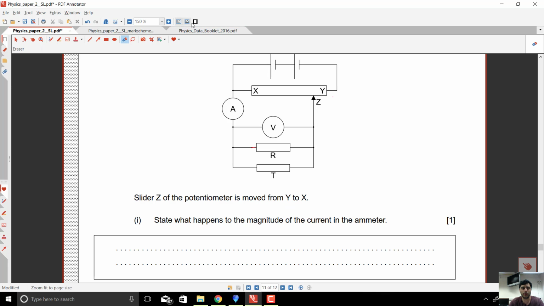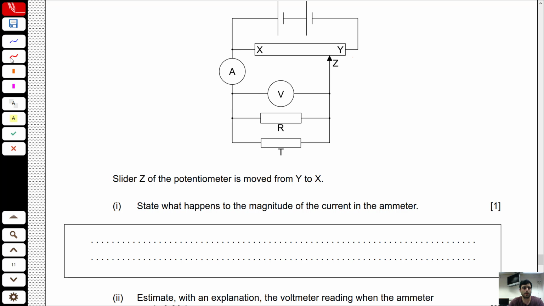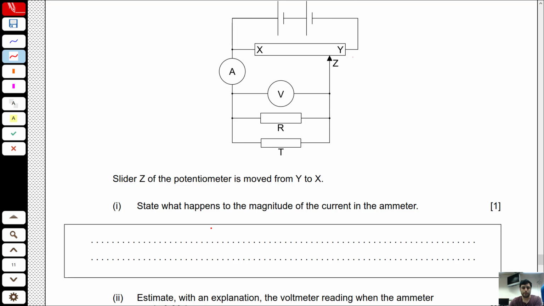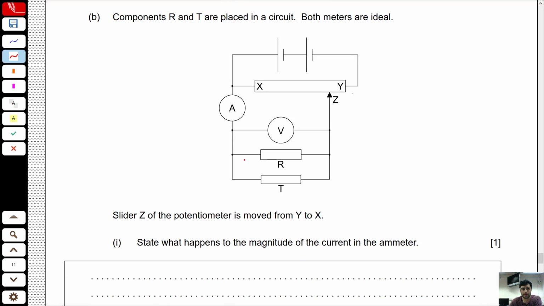Estimate with an explanation the voltmeter reading when the ammeter reads 0.2. So this ammeter is reading a current of 0.2 ampere.